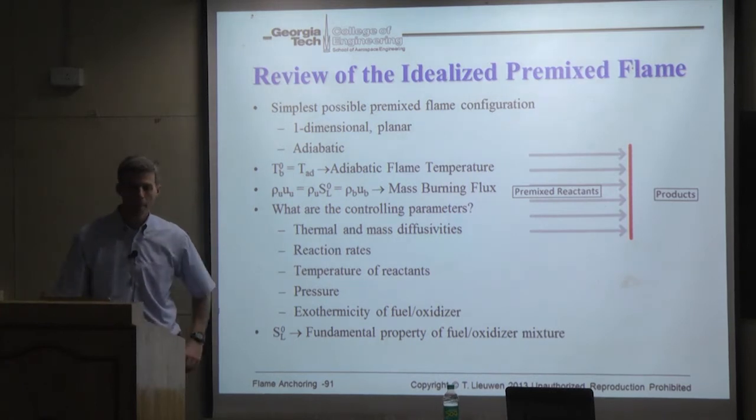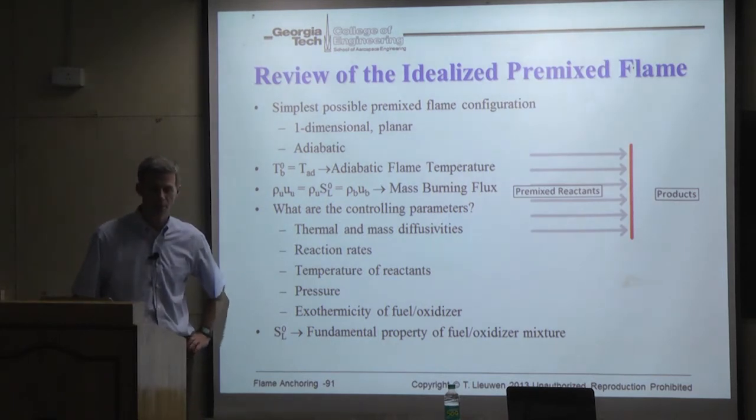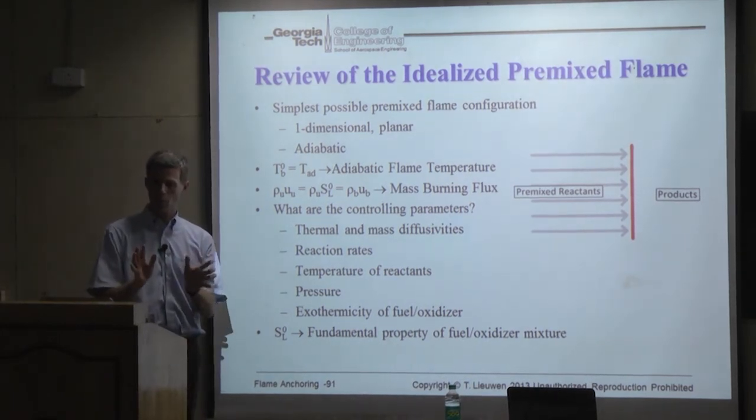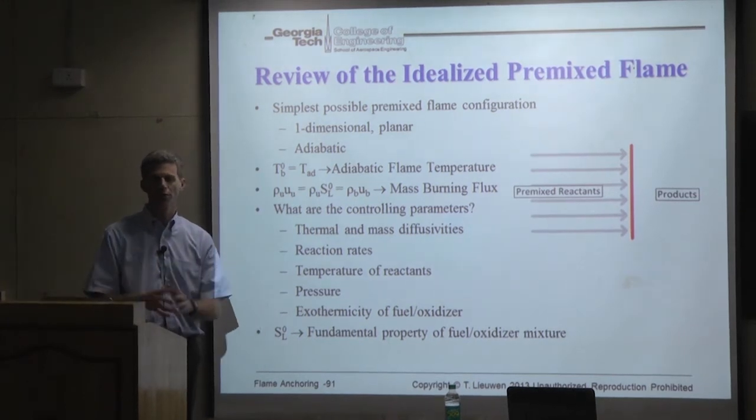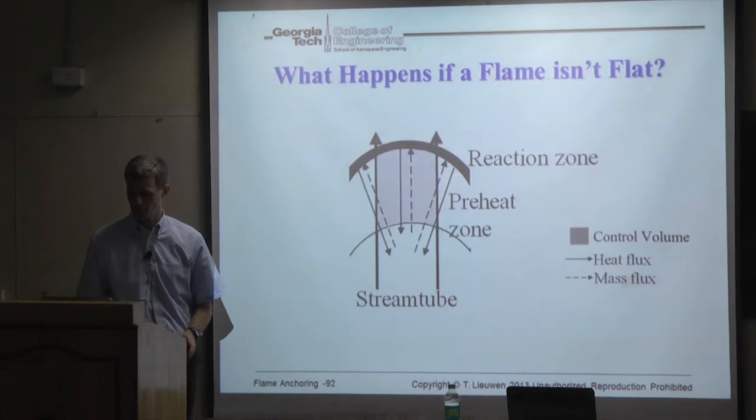Yeah? The consumption speed, right? Well, if it's a flat flame, consumption and displacement speed are the same. So for right now, just think of it as the flame speed. We'll talk more precisely when we talk about strongly stretched flames.